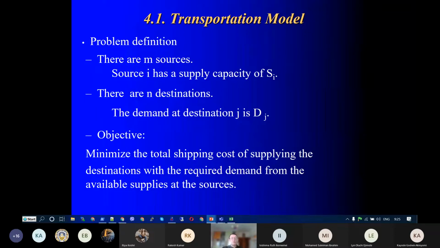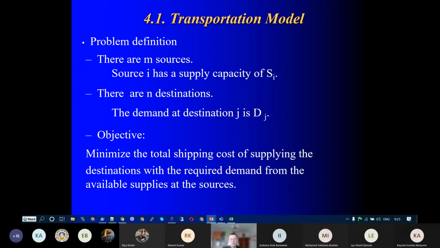Okay, so let's define the transportation problem in a mathematical way. We have m sources of our goods, and each source i has a supply capacity of S_i. Then the goods have to be delivered to destinations, and each specific destination j has D_j requirements for these goods.